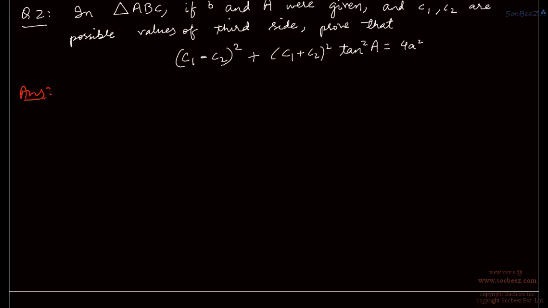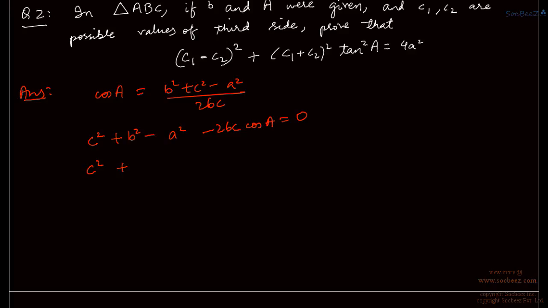So let's write the cosine rule for A. That gives us cos A equal to b squared plus c squared minus a squared by 2bc. Rearranging the terms, we get c squared plus b squared minus a squared minus 2bc cos A equal to 0.